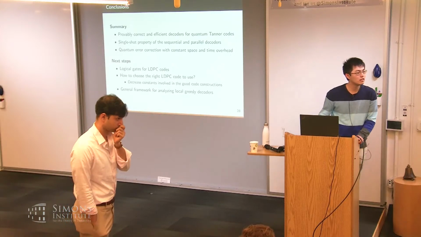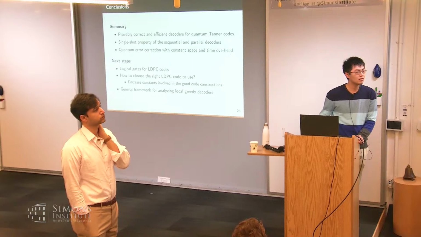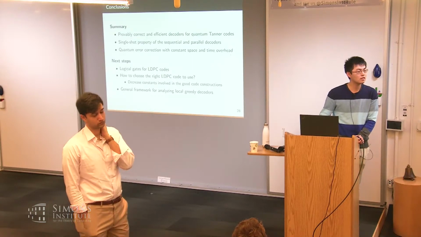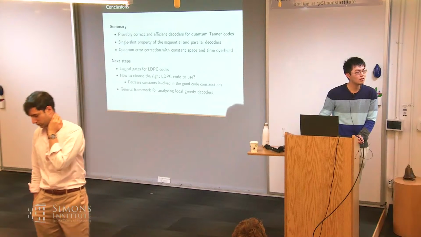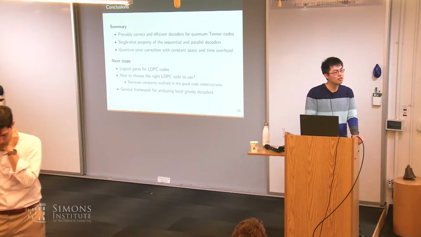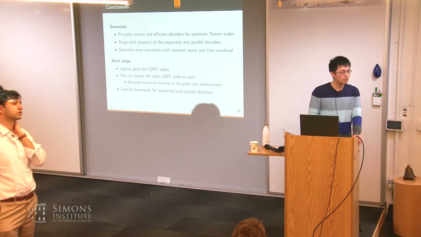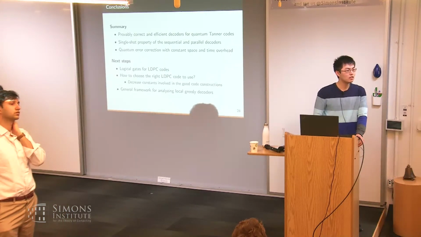Great talk. I'm still trying to understand the importance of single-shot decoding. I can have, say, two LDPC codes. One has single-shot decoding, but it's not clear from the proofs of single-shot decoders what the effective distance is. It seems the effective distance of your code can be dramatically less if you do single-shot decoding.